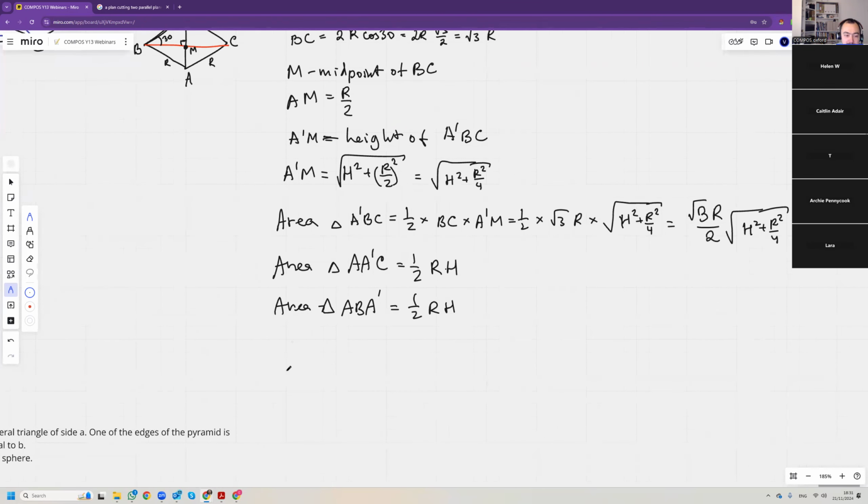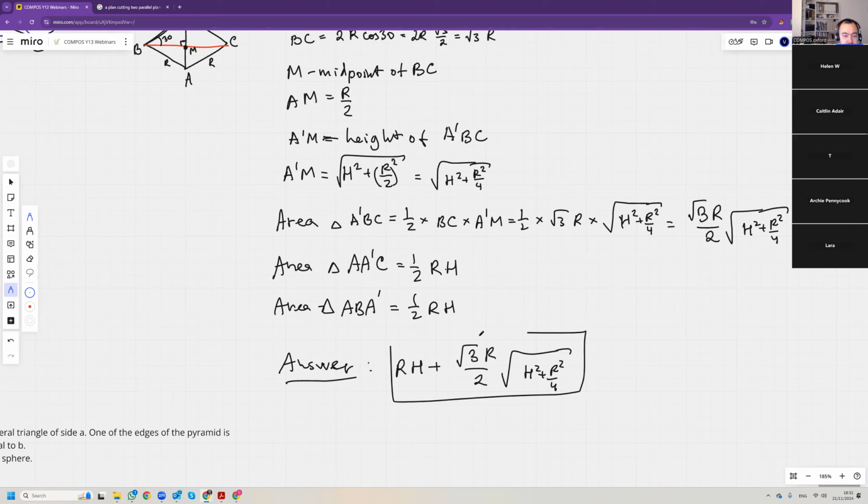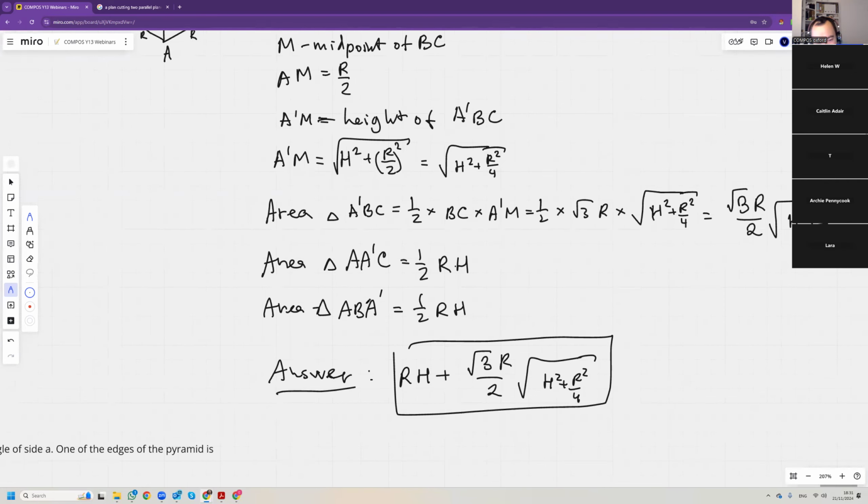Okay, so finally we have the answer. We need the total area of the sides. That means it's RH plus root 3 R over 2 times square root of H squared plus R squared over 4. And that's the answer. Hope that makes sense.